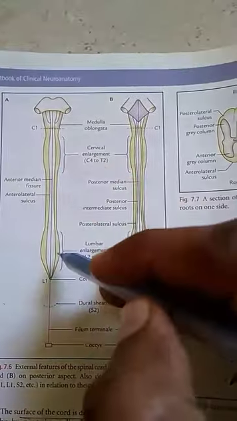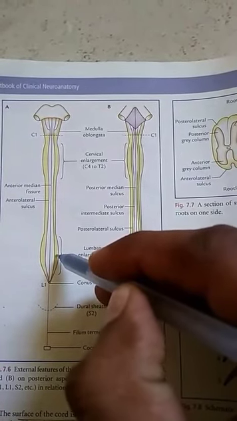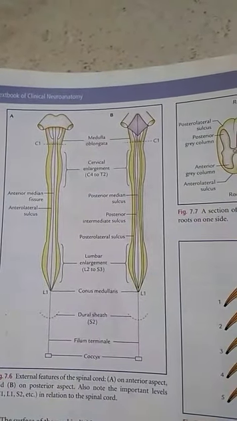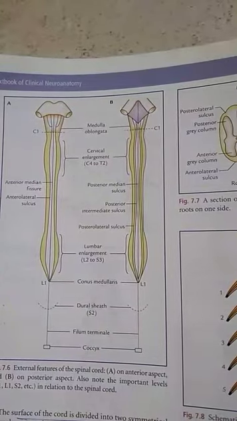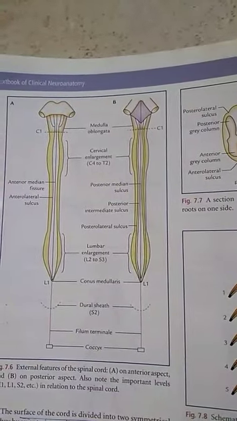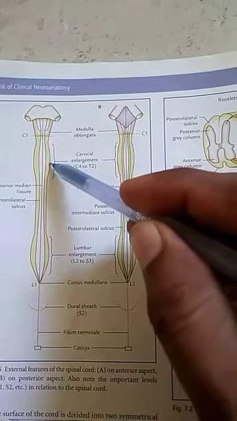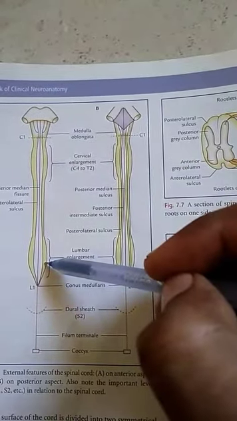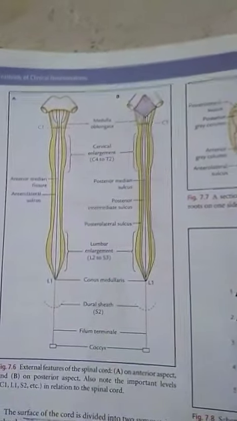These enlargements are produced due to the presence of a large number of large motor neurons in this region to supply the musculature of the upper and lower limbs as well as the respective girdles. The cervical enlargement extends from C5 to T1 spinal segments, whereas the lumbar enlargement extends from L2 to L3 spinal segments.